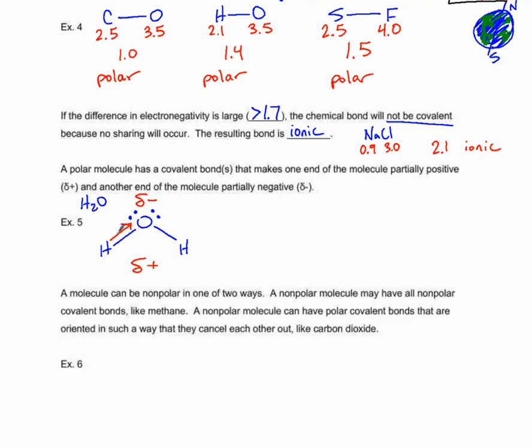The arrow shows the direction that the electrons are going. It points towards the more electronegative element. And then it's got a little cross here, like a plus sign, with the arrow pointing towards the more electronegative element. Here's another one. Arrow towards the more electronegative, partial positive, and has a little bit of a plus sign.